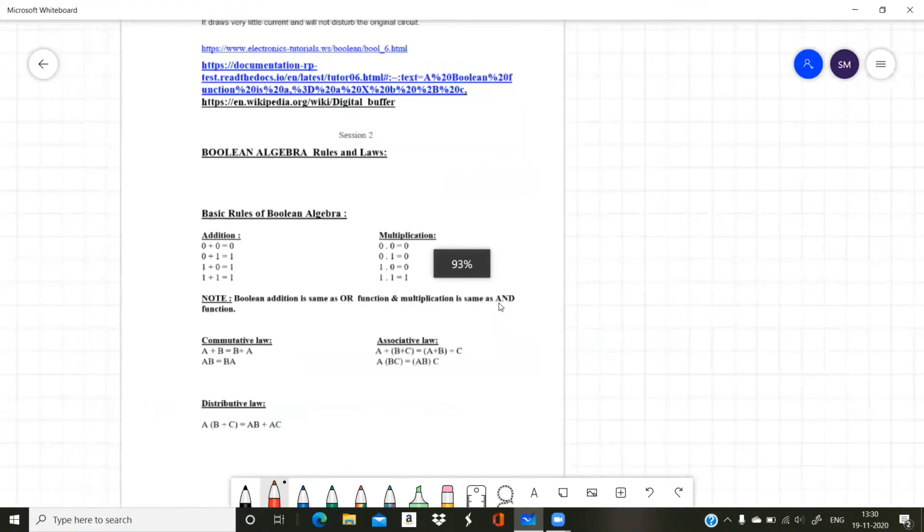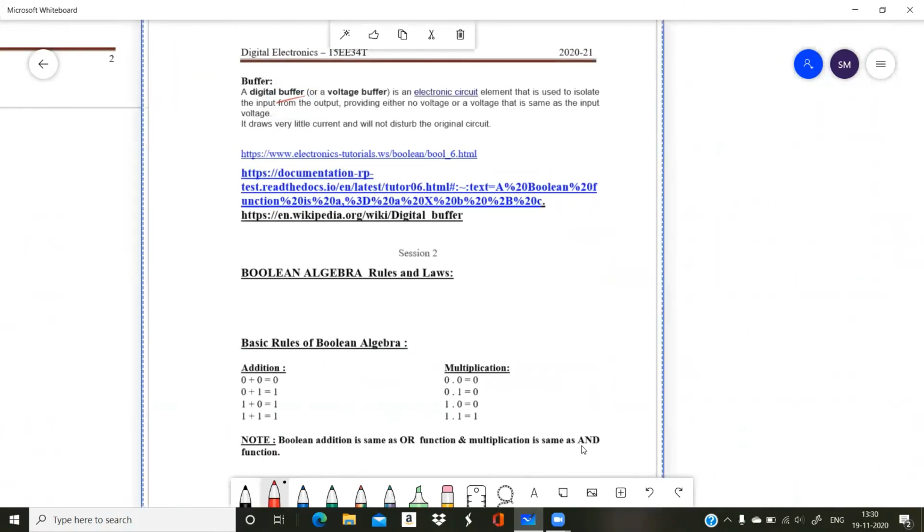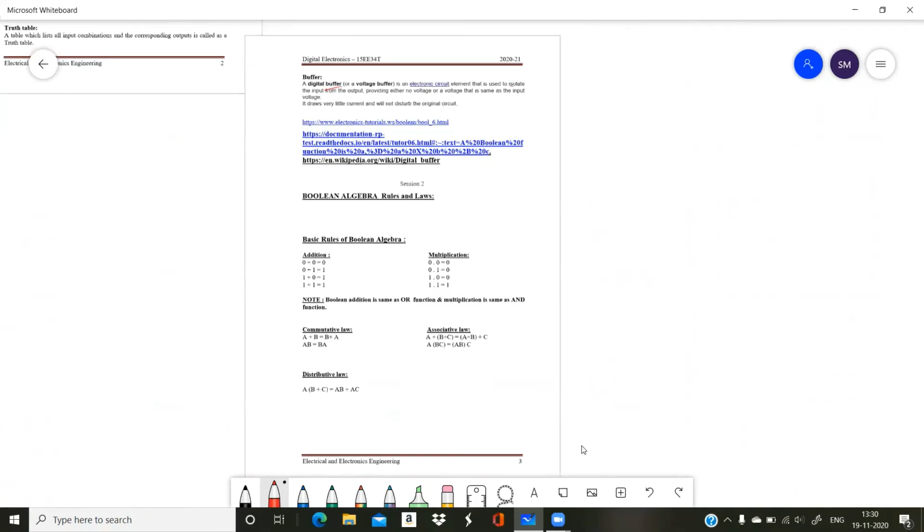So I'll write here, a buffer is nothing but an electronic device which is used to isolate the input from the output.